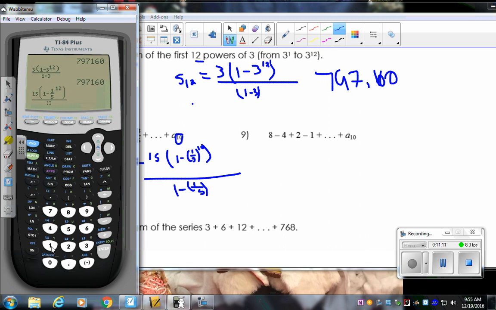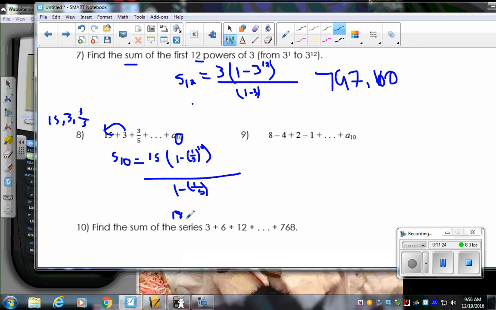Parentheses, down here is 1 minus fraction, 1 over 5, enter. 8.75 if I round it. Okay, which makes sense because I'm starting at 15, but then I'm starting to add small fractions. So my sum should not get too huge.